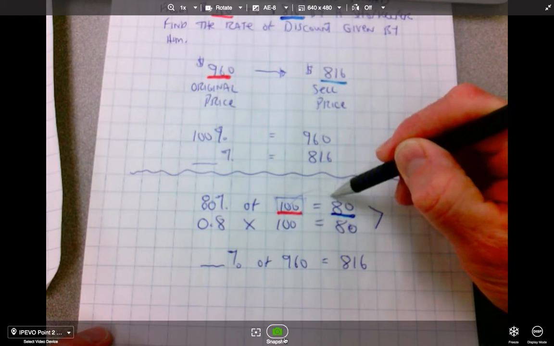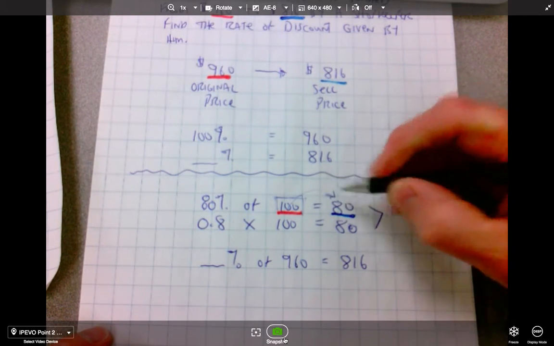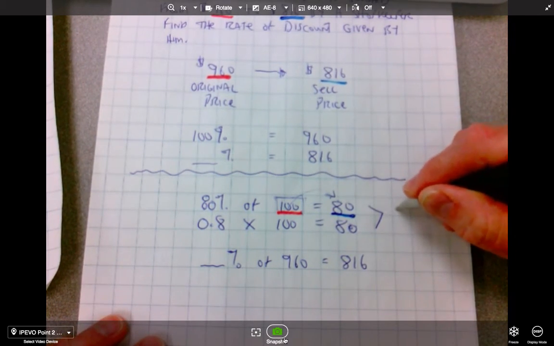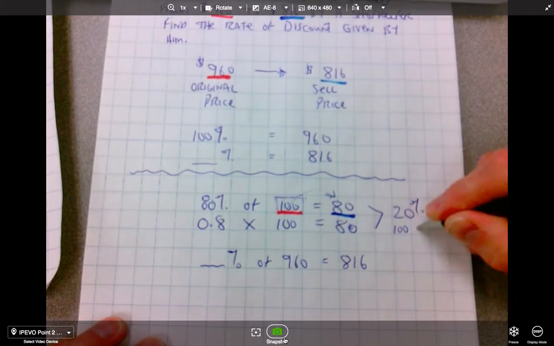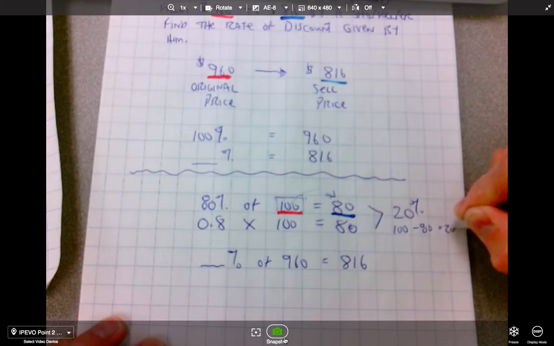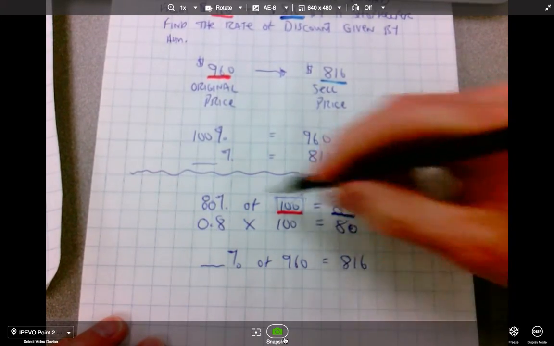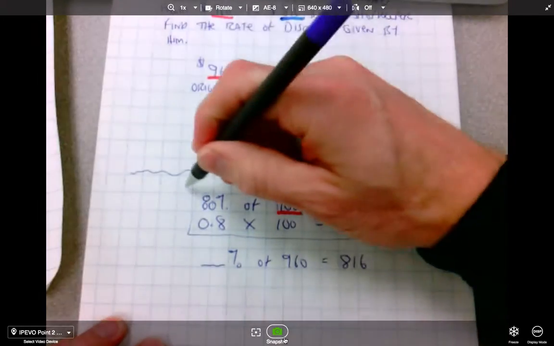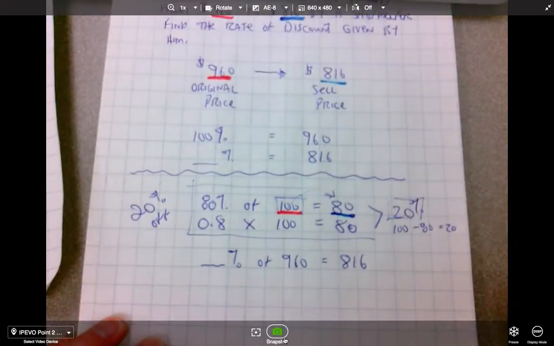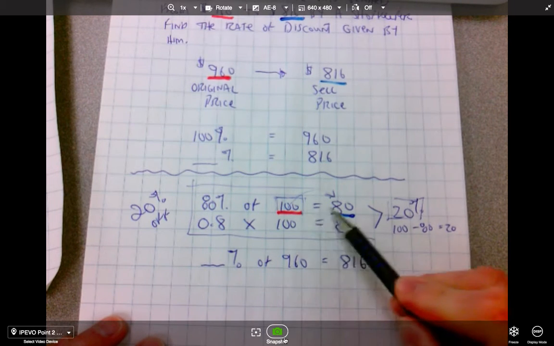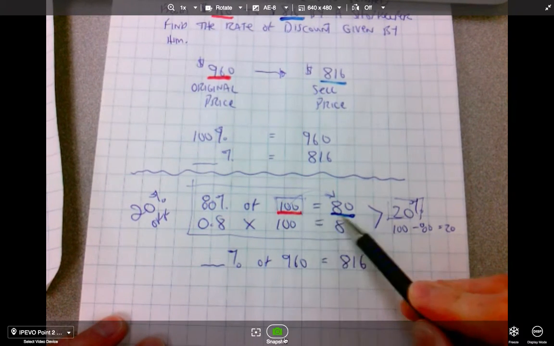How much percent has been taken off? Would you guys agree that it's 20% has been taken off? Because 100 minus 80 equals 20. So in this example here, it's 20% off, because 20% off of 100 gives me 80.